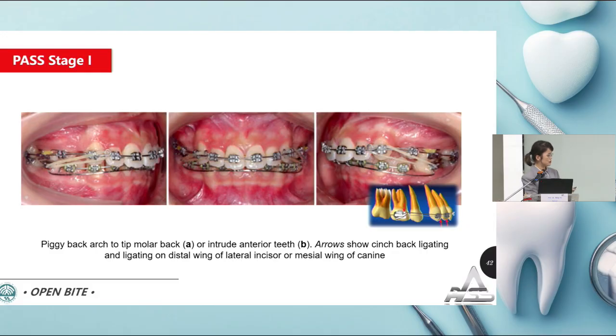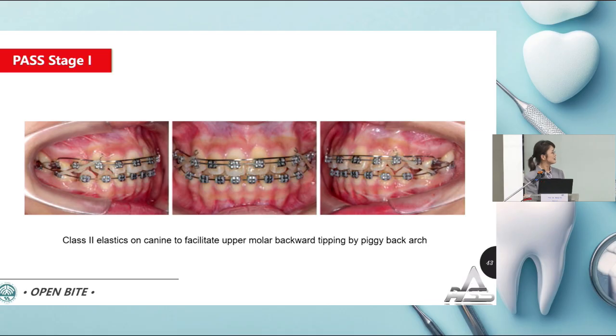And we can use an SS round wire in the upper and the piggyback arch in the lower, and use class 2 elastics. It's very, very useful for open bite cases and space closure. And class 2 elastics on the canine facilitate upper molar backward tipping by piggyback arch.